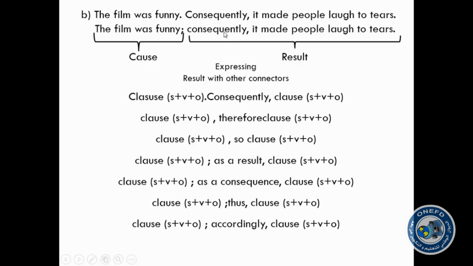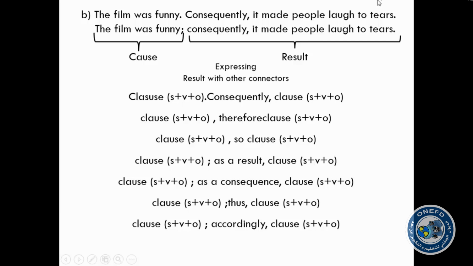Here the connector consequently has two ways of punctuation. You can write the clause of the cause, then a full stop, then start with consequently, comma, and the rest of the sentence. Or, the second option: the first sentence of the cause, semicolon, consequently, comma, and the rest of the sentence.